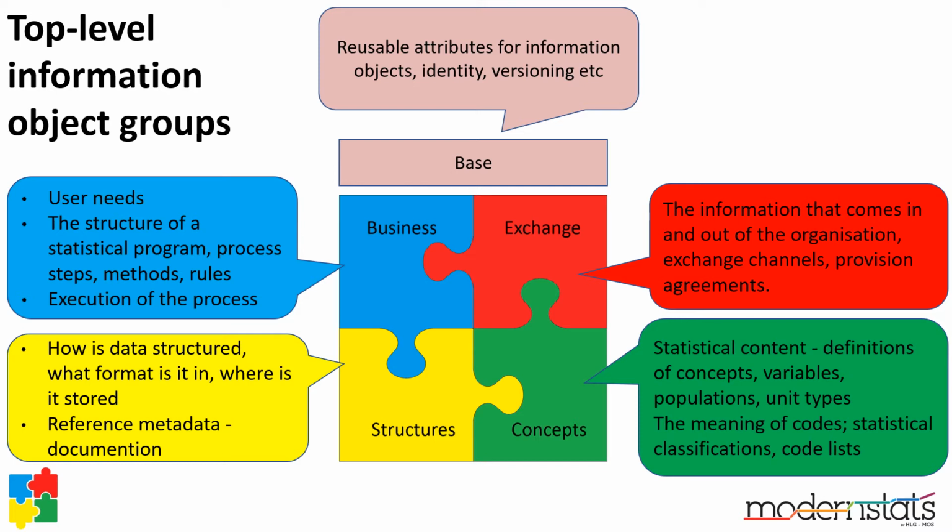It handles identity and versioning. So if you're interested in what to do when your variables are getting updated, when your data sets are changing, then the base group is key to how you will handle changes in the information objects in the whole GSIM.